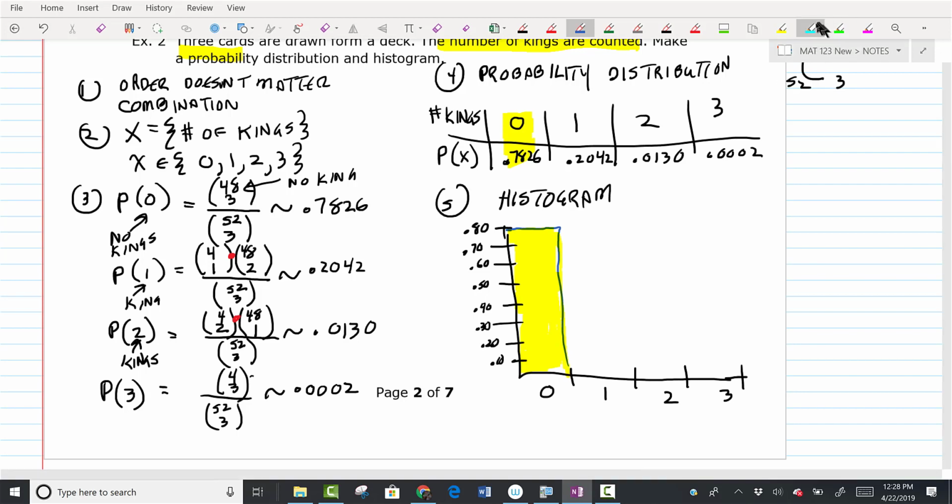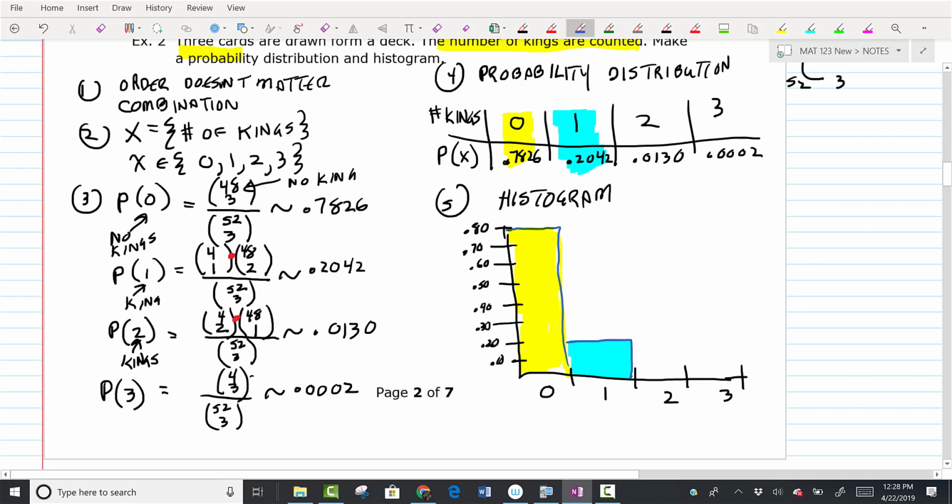Then the 1 king was about 20%, so on this one you just do a bar that's up to about 20%. Again, it doesn't have to be perfect, just estimate. That's the second most likely outcome.